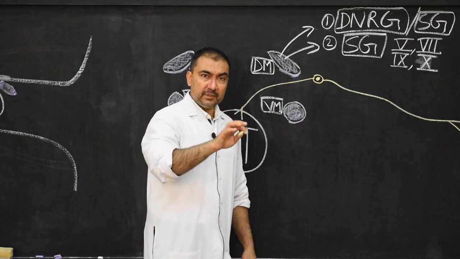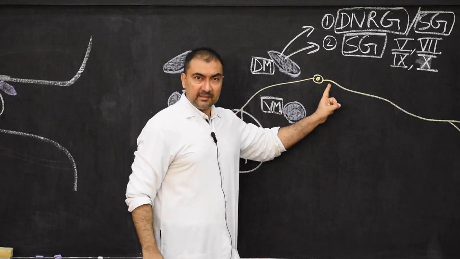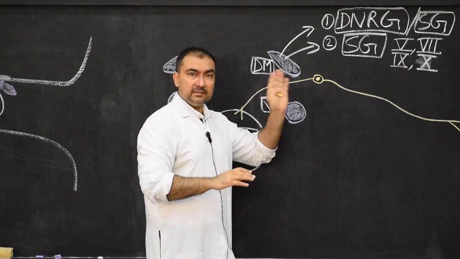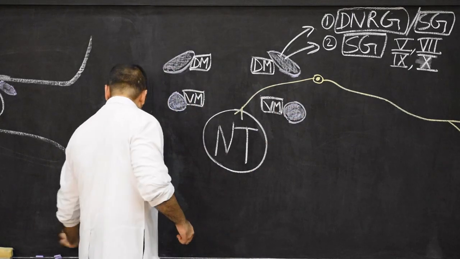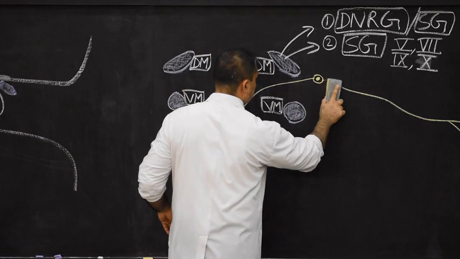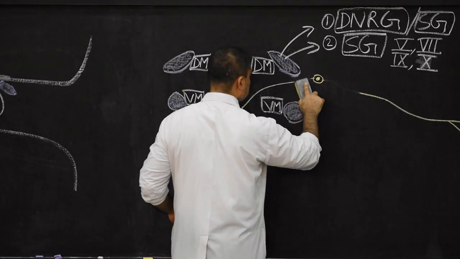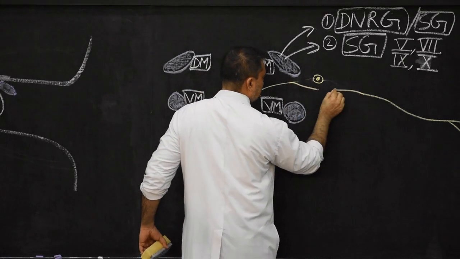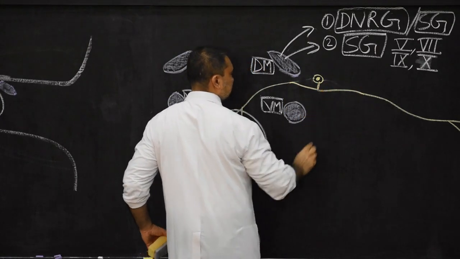Then what will happen? For each neuroblast cell, as I have drawn, these two processes will join with each other and then enter the cell body in this way.